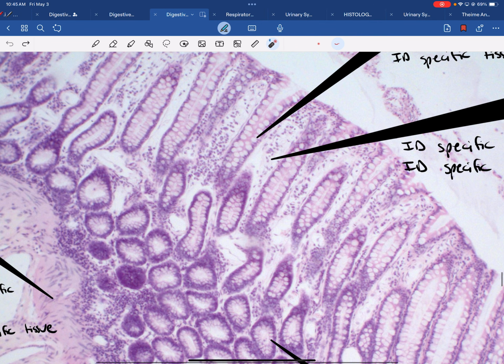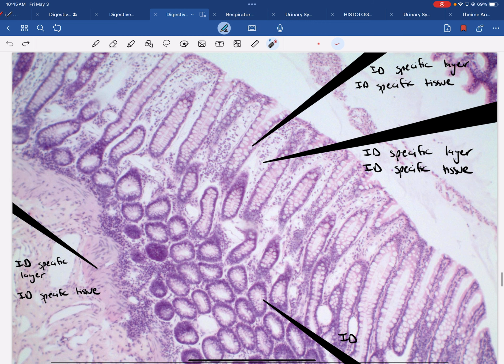Okay, and then what is this specific layer? Good, the lamina propria. What's it made of? Good, areolar CT. And what's the function of areolar CT? Metabolic support. Good, good. Metabolic support for the ET.